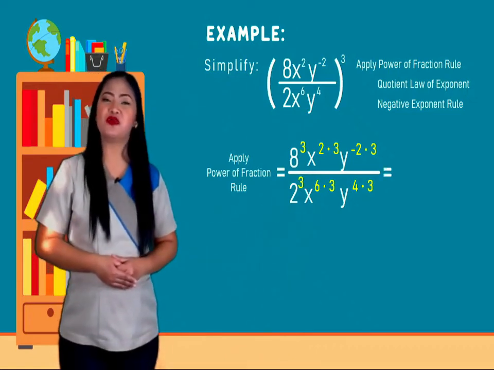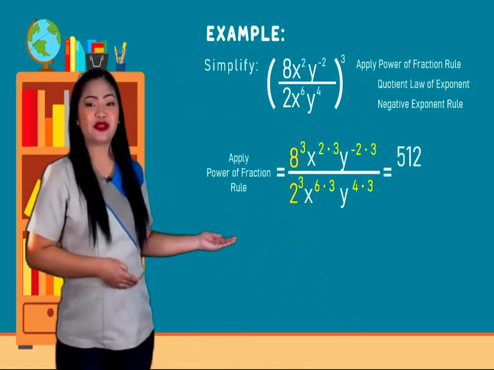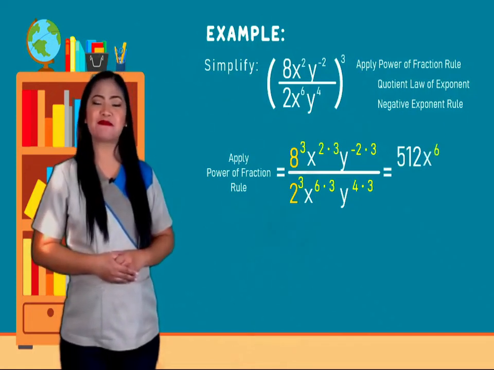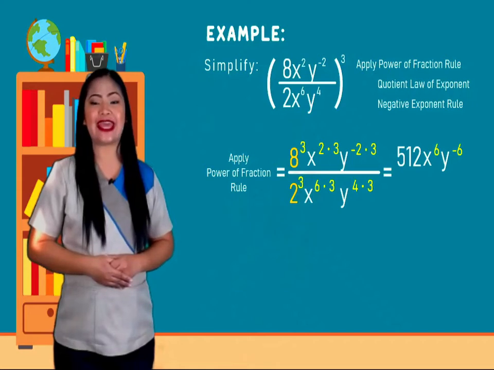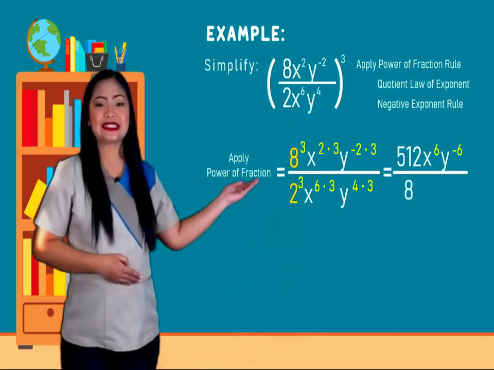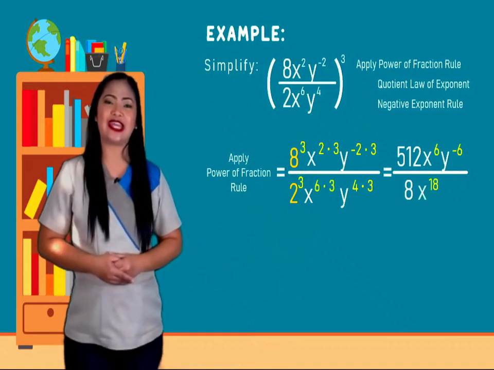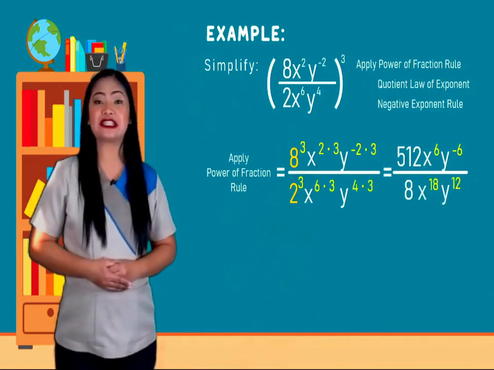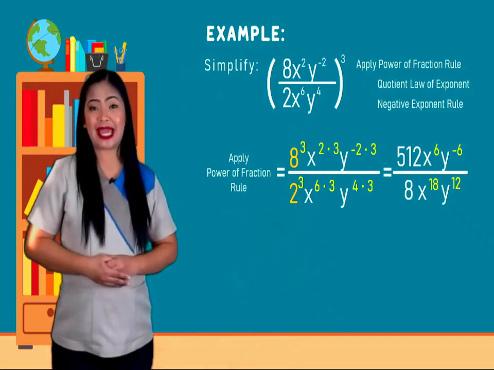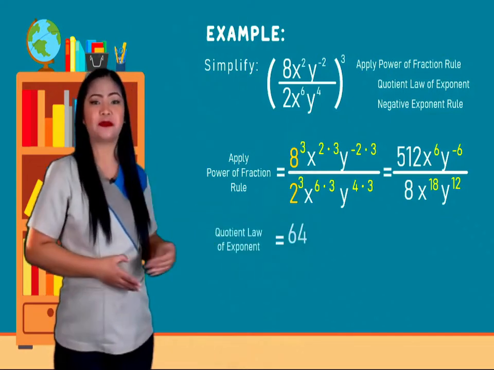Simplifying further, we will get 8 raised to the third power is 512, x raised to the sixth power, y raised to negative 6, over 2 raised to 3 is 8, x raised to the 18th power, y raised to the 12th power. 512 divided by 8 is 64.